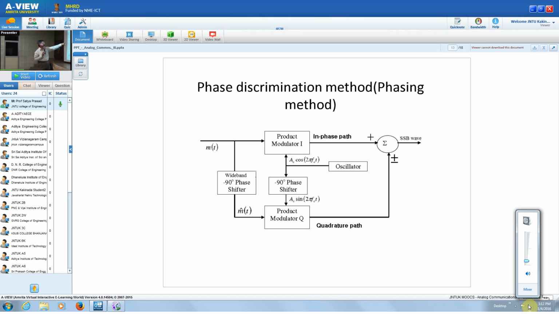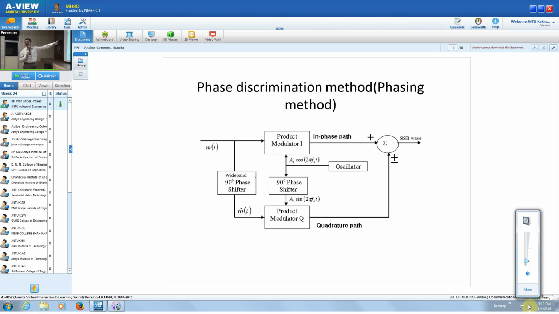So in this in-phase path, you are going to get m of t cos omega ct, and in the quadrature path you are getting m hat of t sin omega ct. In the summation, if you have minus here, in-phase minus quadrature phase, you are going to get an upper sideband signal.